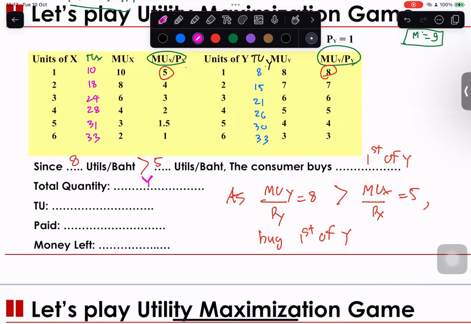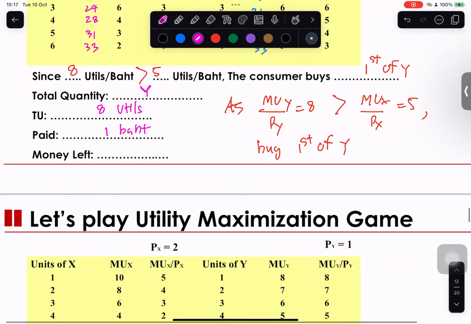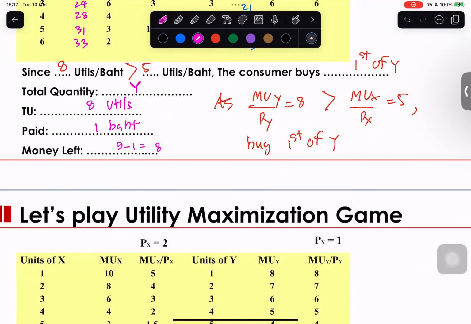In the basket now, he placed 1 unit of good Y in, so just write Y. TU from this, 8. Now he enjoys 8 utils from eating the first unit of good Y. He paid 1 baht in this round. Money left would be 9 minus 1, which is 8 baht left for the following round.